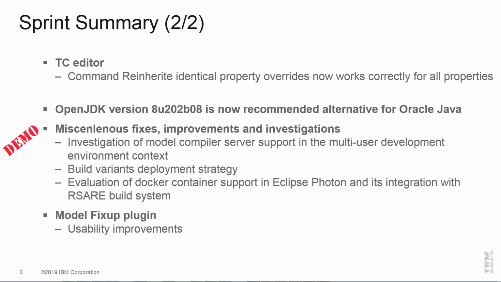And finally, we also made an effort to evaluate Docker container support in Eclipse Photon, and were thinking about how the RSA-RT build system should be modified to handle Docker-based builds and deployments.